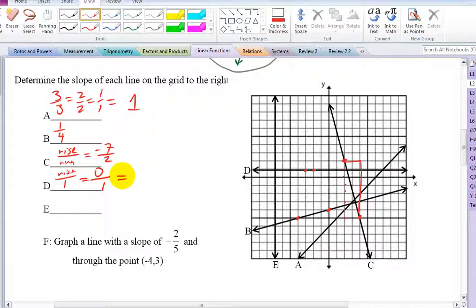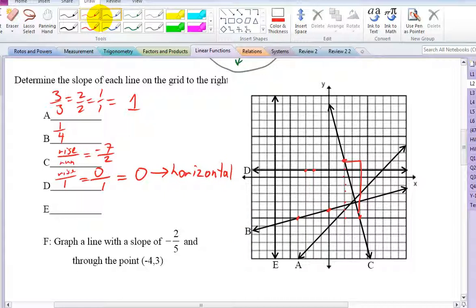Use your calculator. What's 0 divided by 1? What's 0 divided by 2? What's 0 divided by 4? Go. Do it now. What's 0 divided by 700? Bingo! 0. Okay? That's important to know. This is a horizontal line. It's flat. Okay? Horizontal lines have a slope of 0.